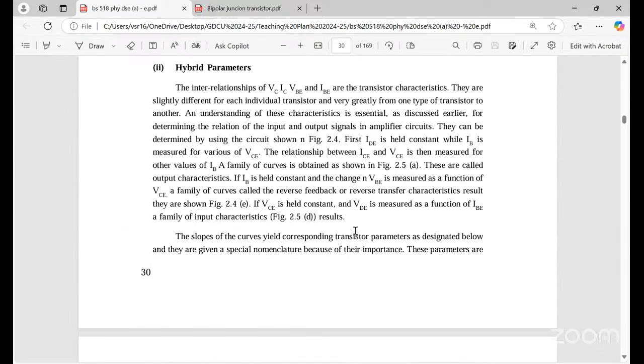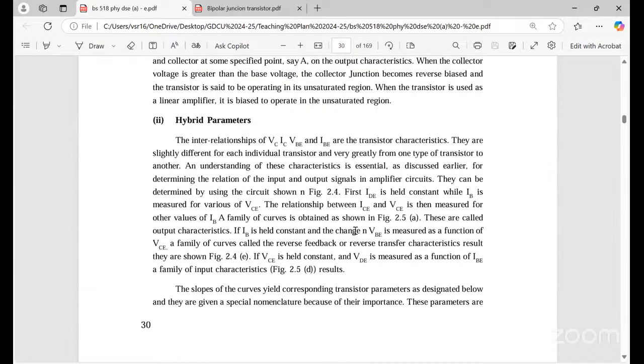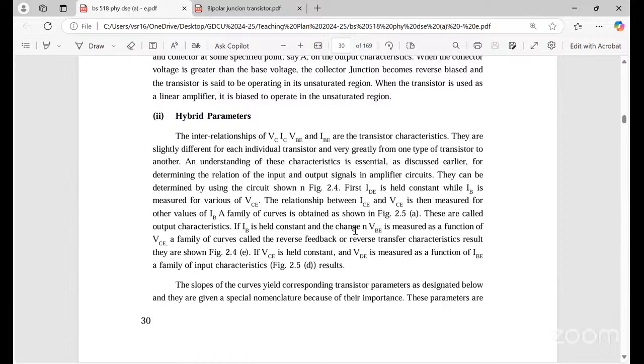Next, hybrid parameters. The interrelationship of the collector voltage, current, base emitter voltage, and base emitter current are the transistor characteristics. They have slightly different values for each individual transistor, which vary greatly from one type of transistor to another.